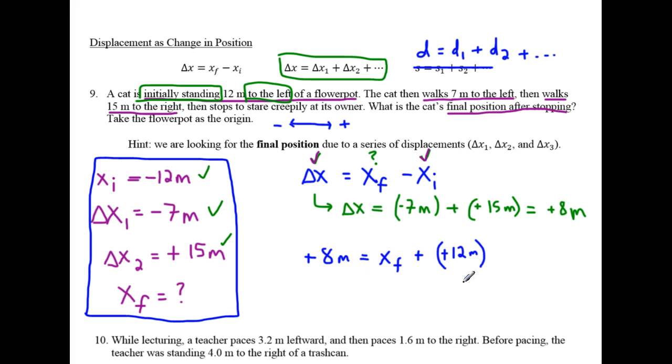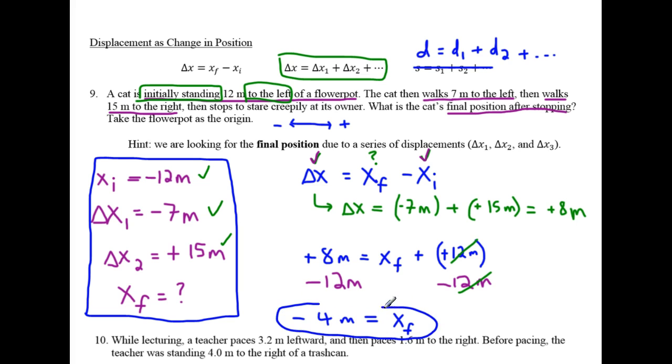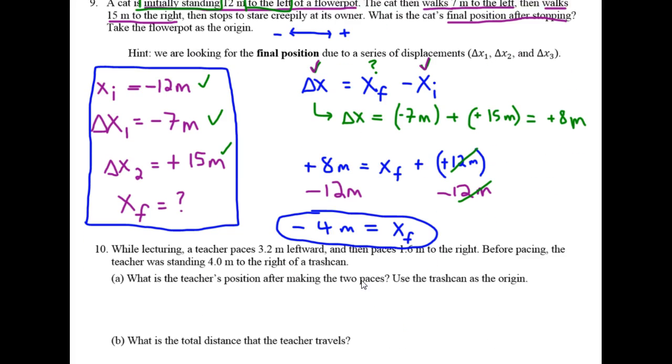And so how do I isolate it? Well, I have to get rid of the 12. We're adding 12 to the right side, so I get rid of it by subtracting it from both. 12 minus 12 goes away, that's 0. And x final is -4 meters. And that includes correct sig figs.